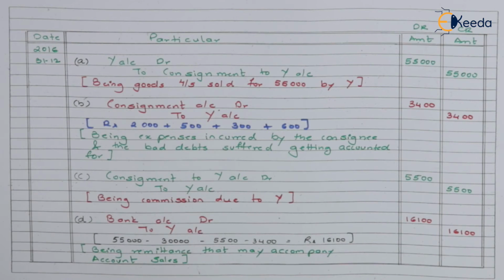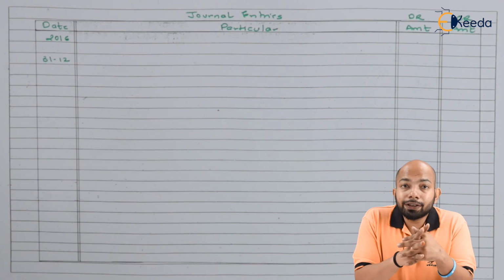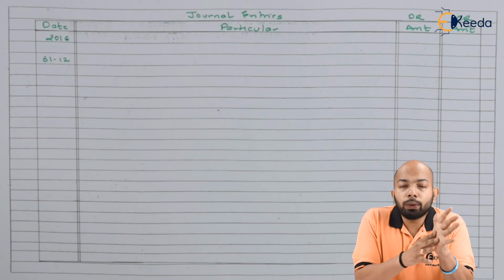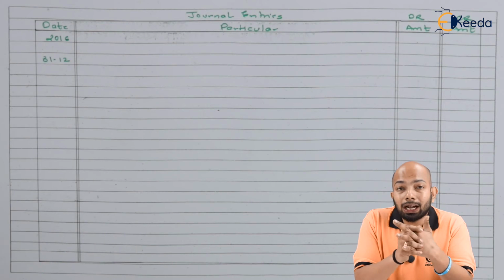That is 3,400 for all the consignment expenses, and 5,500 as a part of the commission will be subtracted from that. If you subtract it, you have a balance of 16,100, which is supposed to be received by us. Hence the entry here will be bank account debit to Y account with an amount of 16,100.